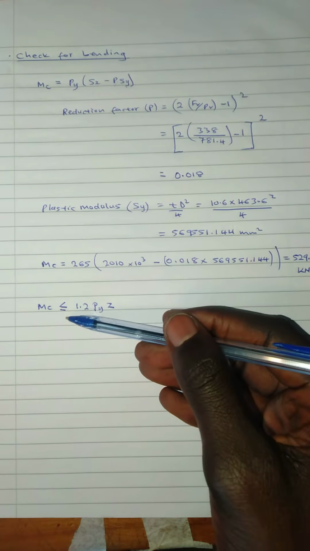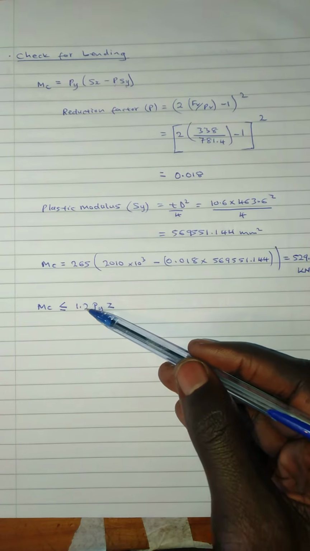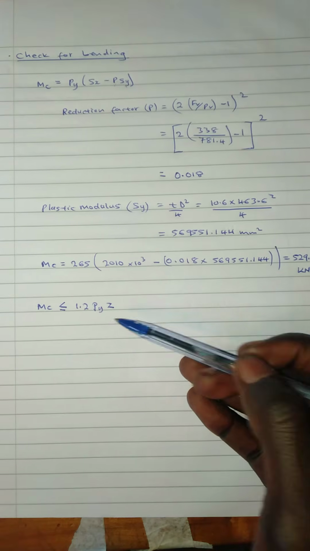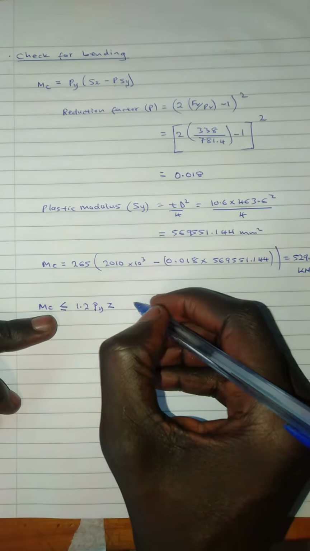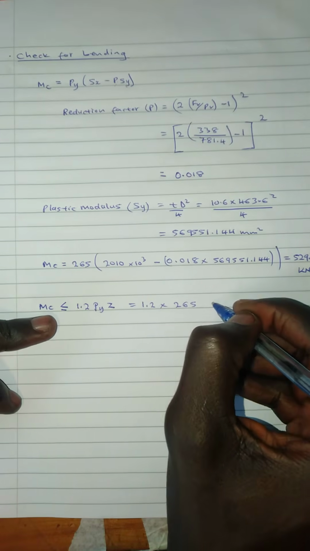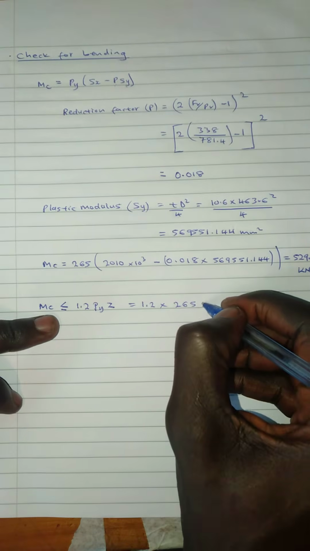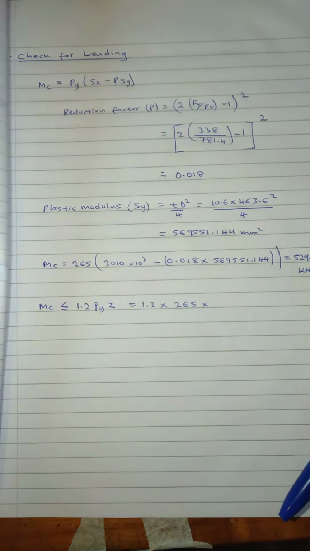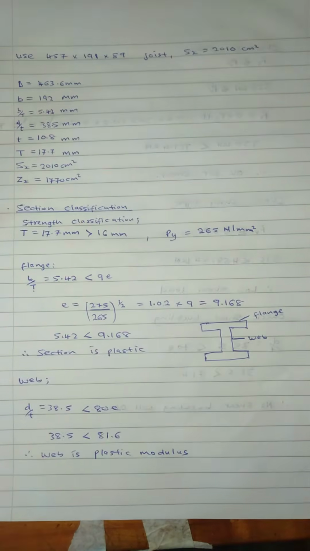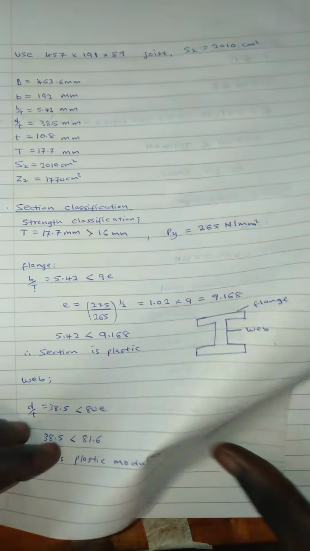But this is a cantilever, so we use 1.2 times Py Z. So this one is 1.2 times 265 times Z. Z we got it here.